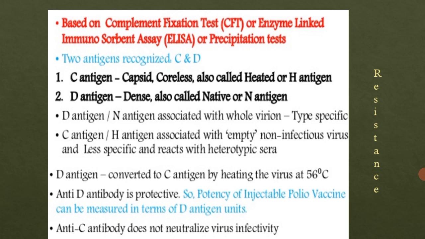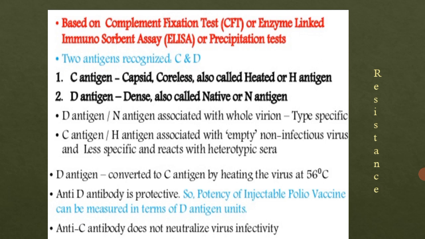Which means while making or studying the vaccine, we can study the amount or the presence of the D antigen, so that the anti-D antibodies will be present, and accordingly the vaccine can be injected. The potency of that vaccine can be determined by these anti-D antibodies.